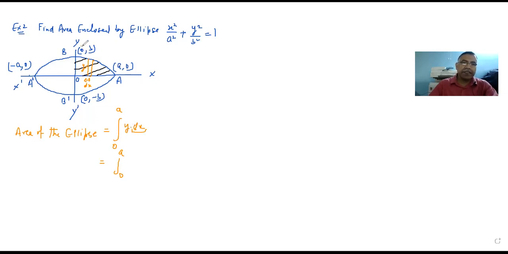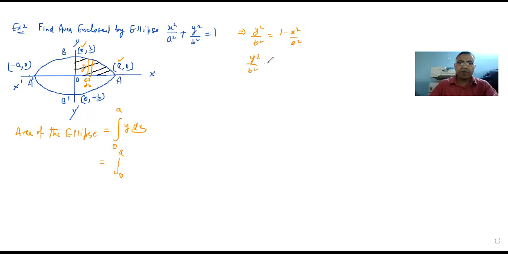Since I am going from 0 to a, I have to convert all the terms into x. How is it? Which implies y square over b square is equal to 1 minus x square upon a square.